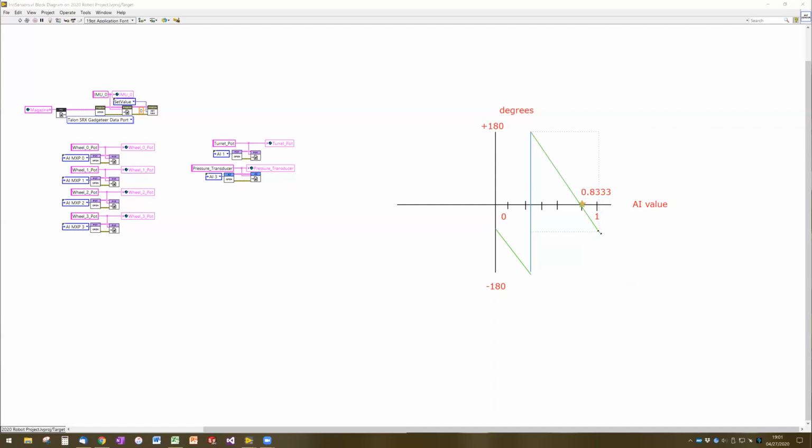Okay. So that becomes our piecewise function where, when we're over here, we're going from positive 180 all the way down to whatever, I think negative 60 degrees is about here. And then as we roll around, if this is negative 60, then this better also be negative 60.